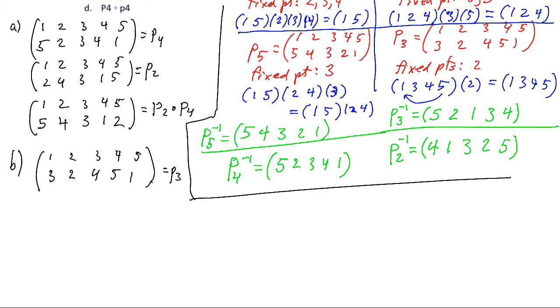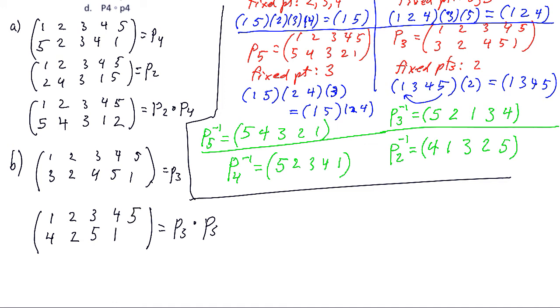And so P3 composed with P3 is, well, 1 goes to 3 and 3 goes to 4. So 1 goes to 4. 2 goes to 2 and it stays at 2. 3 goes to 4, but then 4 takes us to 5. 4 takes us to 5, but 5 takes us to 1.